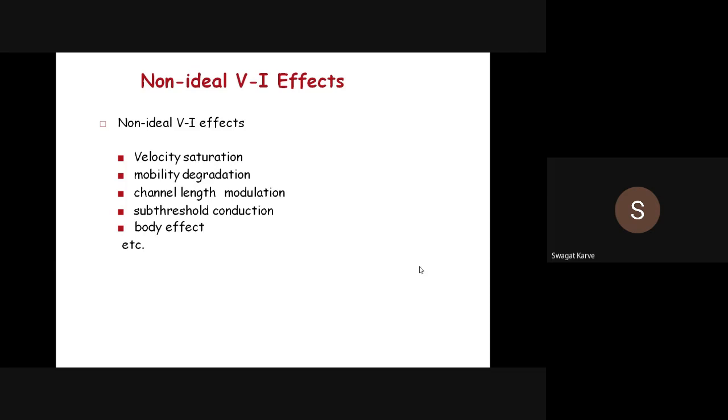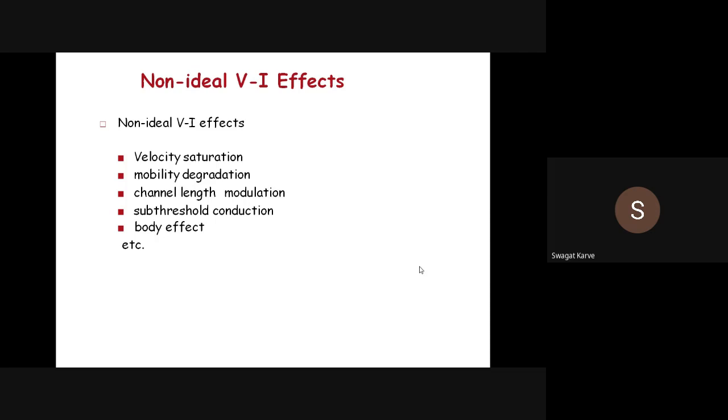If you are expecting the NMOS transistor to behave very ideally, it will exhibit only the three modes of operation and regions. But if you go into detail on the working of the MOS transistor, it doesn't matter whether it is NMOS or PMOS, PMOS also exhibits these effects. Along with all the ideal VI effects, the MOS transistor exhibits the non-ideal VI effects also.